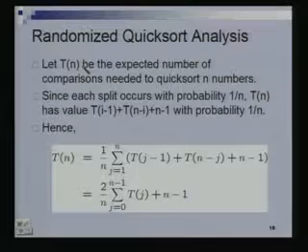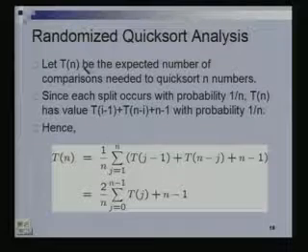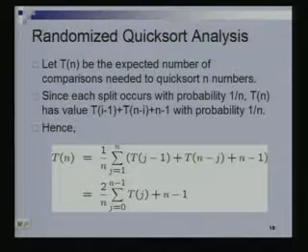Yeah, okay. So let Tn denote the expected number of comparisons required by quicksort, right? Again, Tn is a function of n. The number of comparisons required to sort n numbers will depend upon how many numbers you have.